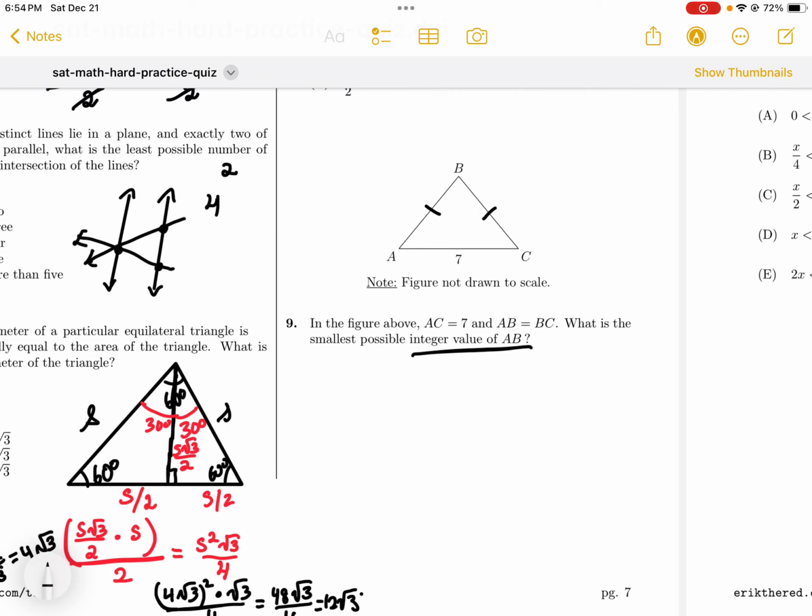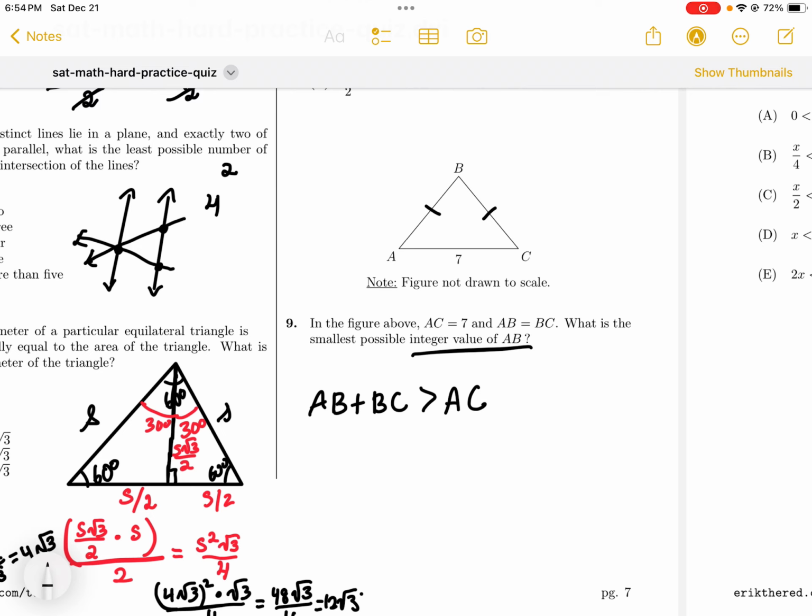Since we have a triangle here, let's just use the triangle inequality. The triangle inequality tells us that the sum of the lengths of any two sides has to be greater than the length of the third side. Strictly greater, I might add.